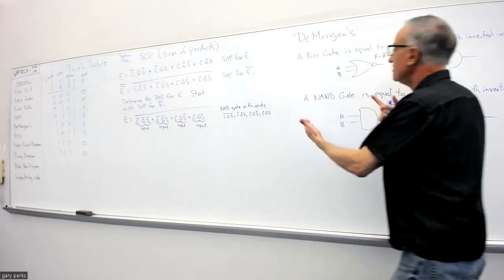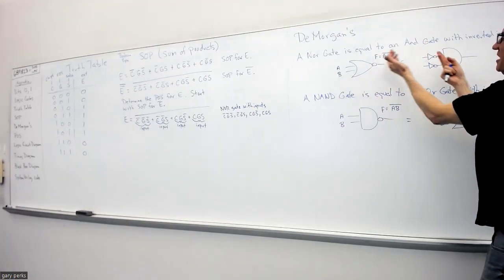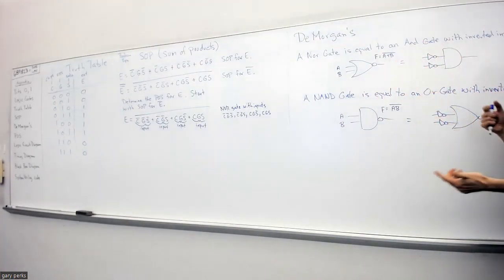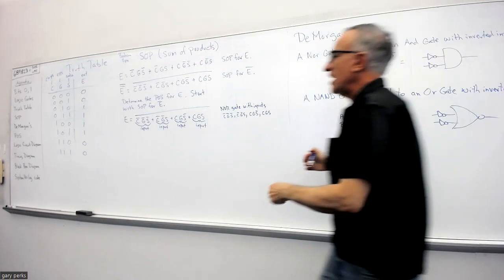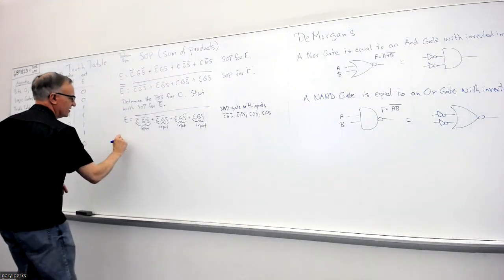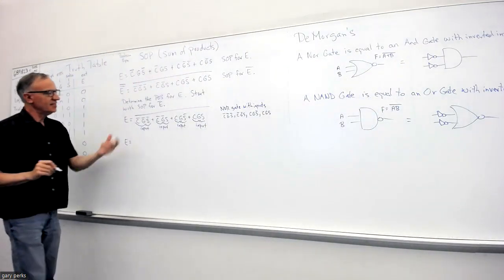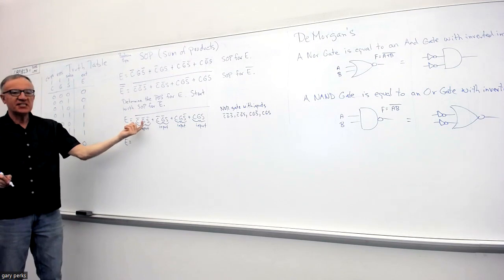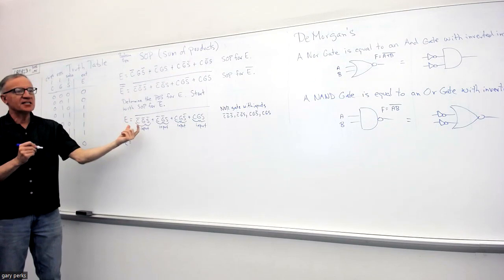Well, De Morgan's tells us that a NOR gate is equivalent to an AND gate with inverted inputs. So I can now write E, taking each one of these inputs, inverting them, and then ANDing them together.